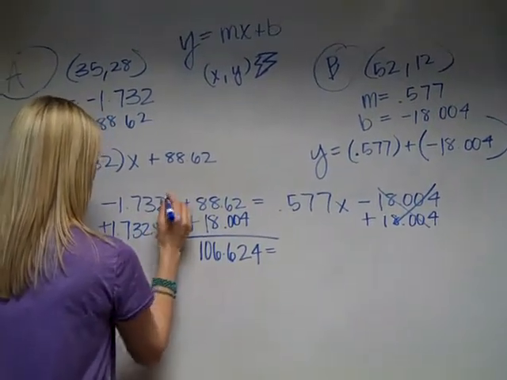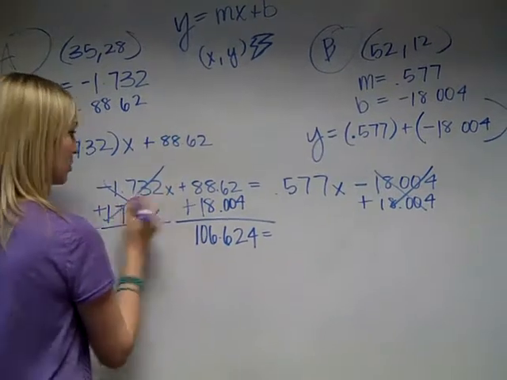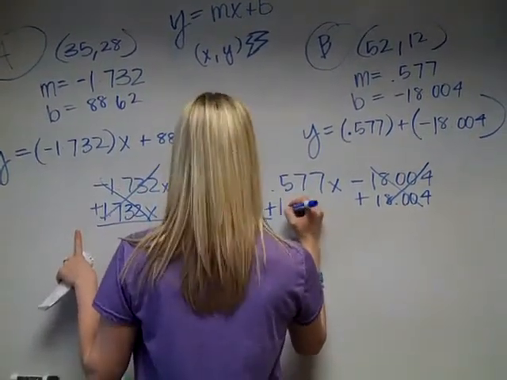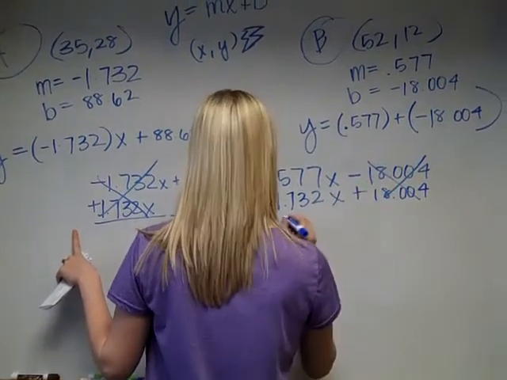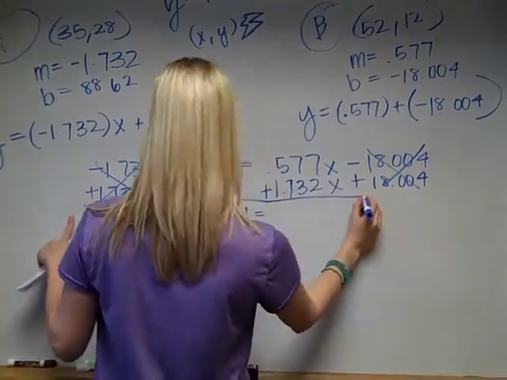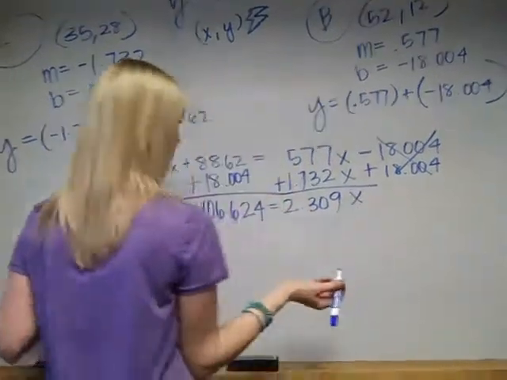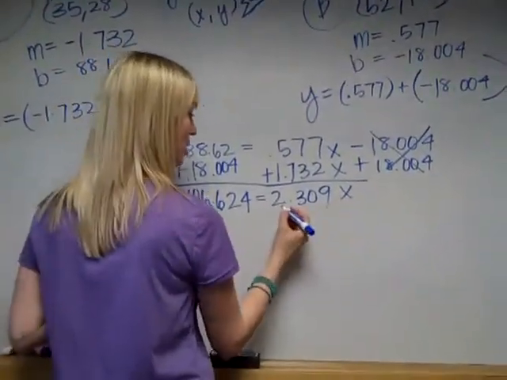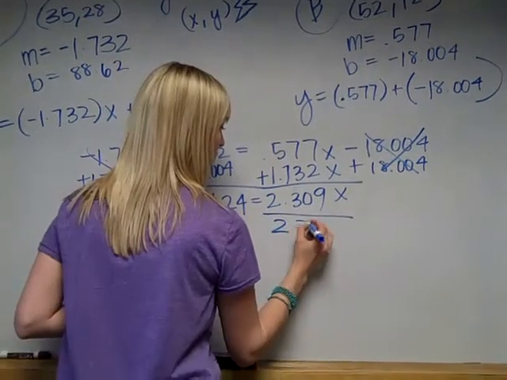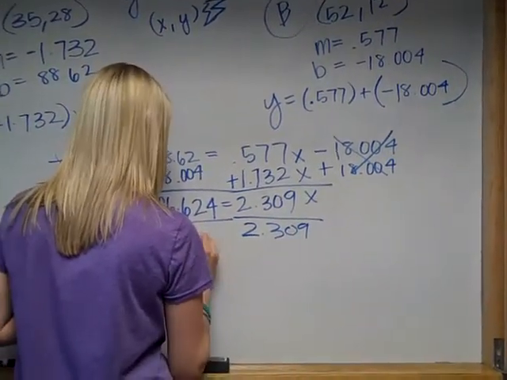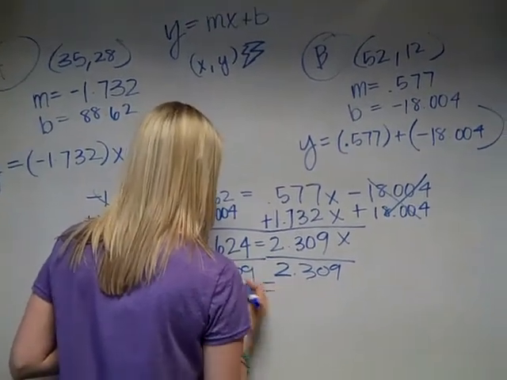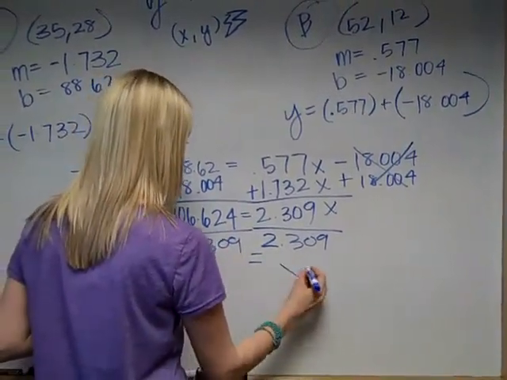That gives 1.732x plus 0.577x, which equals 2.309x. Now we still need to get x by itself, so we divide both sides by 2.309, and we are left with our x coordinate.